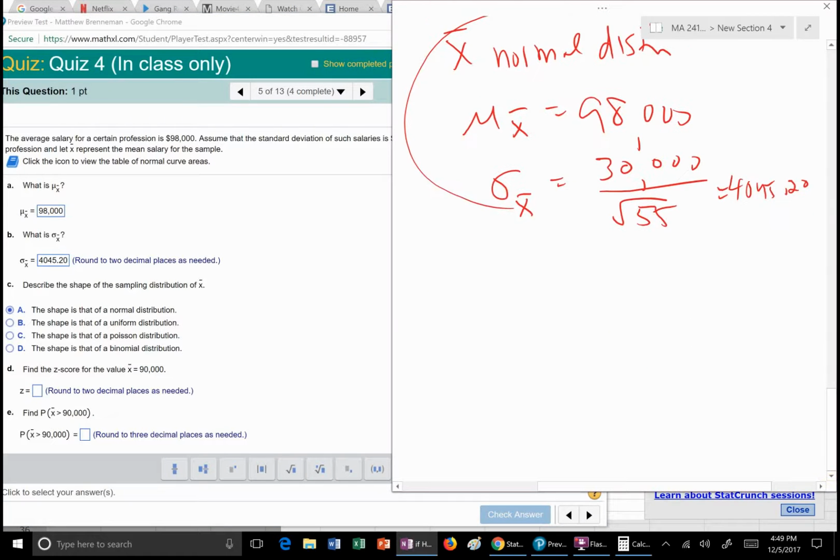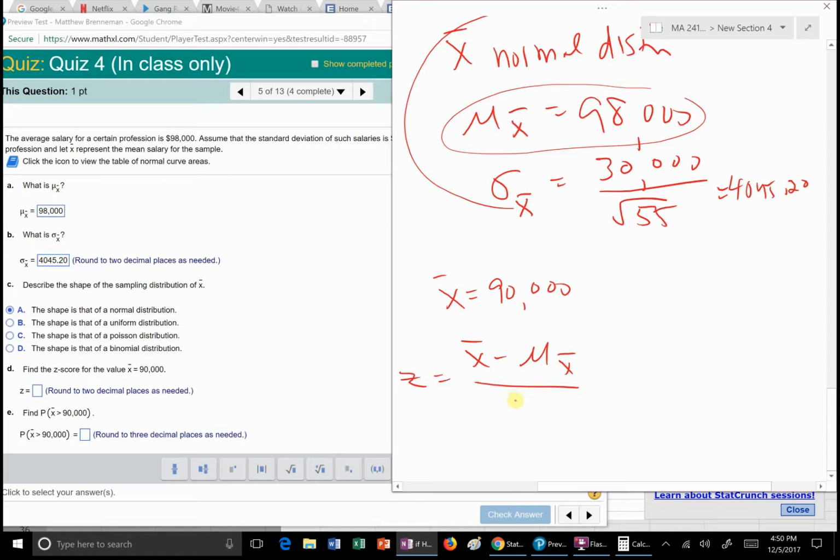So we know that if we had x bar equal to 90,000, and it comes from a normal distribution, how do I find the z-score? Subtract off the mean and divide by the standard deviation, right? So this would be x bar minus mu of x bar divided by sigma x bar. Or in other words, 90,000 minus 98,000 divided by 4045.20.